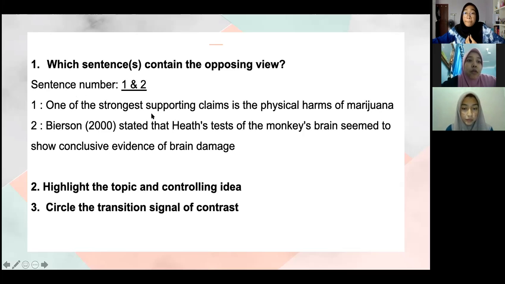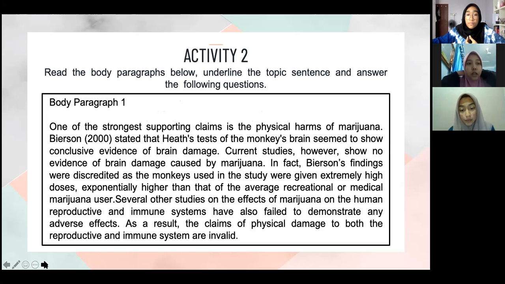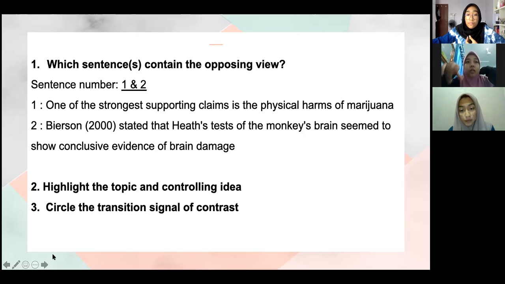The next opposing view is Pearson 2000 states that health tests on the monkey's brain seem to show conclusive evidence of brain damage. For the next question, highlight the topic and controlling idea. The third question is to circle the transition signal of contrast. In the next slide, I will show it.